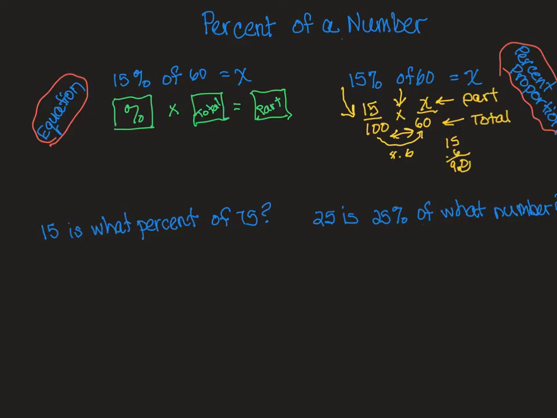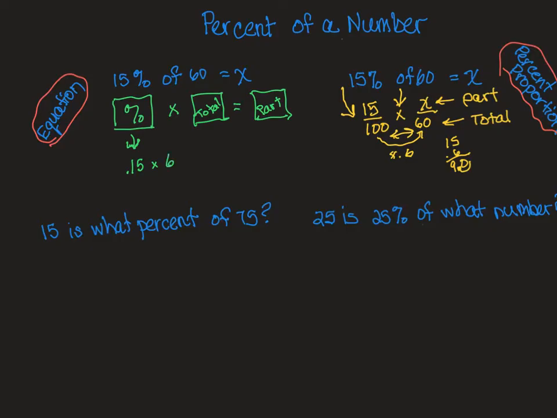On the equation side, which I don't know if you've been introduced to or not, it's a very simple thing. You take the percent and you change it to a decimal. So I have 15%, and I'm changing that to 0.15. And of is times, okay?